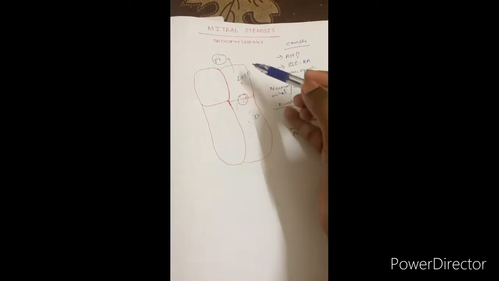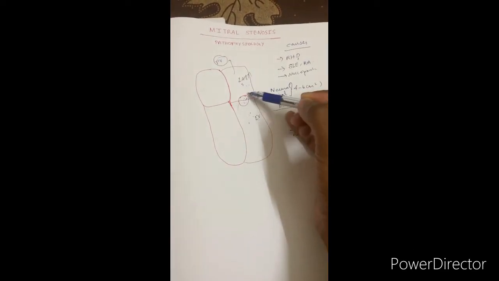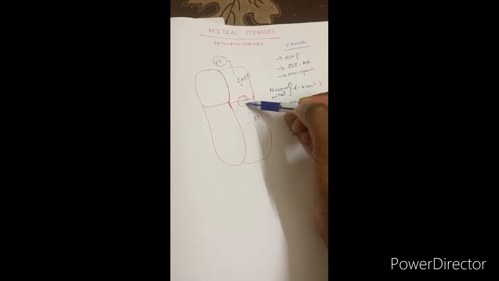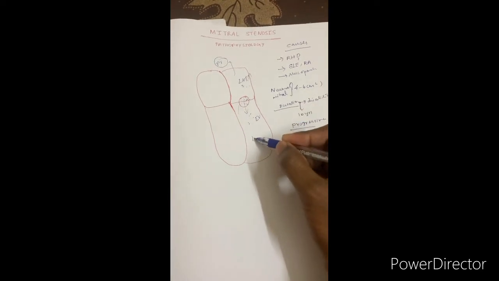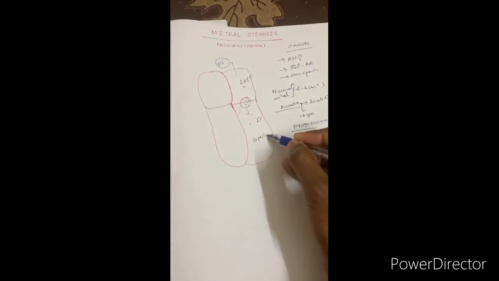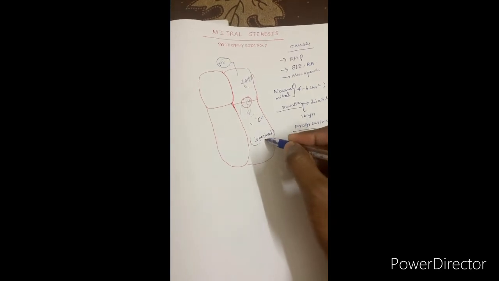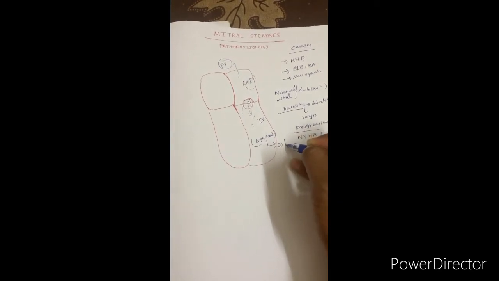As the stenosis worsens, there is restriction of flow across the mitral valve, so LV preload starts to decrease. As the preload decreases, the cardiac output starts to decrease.